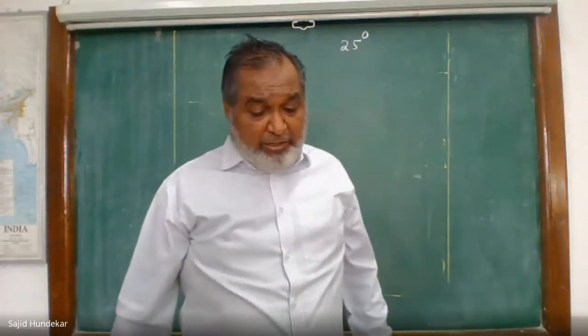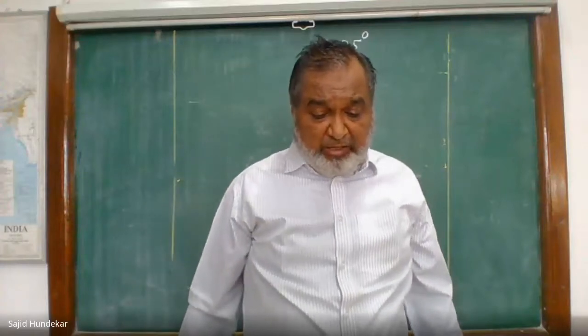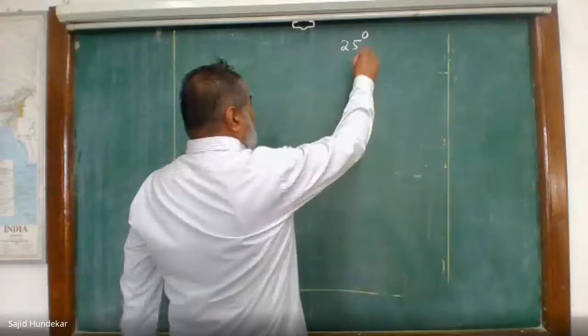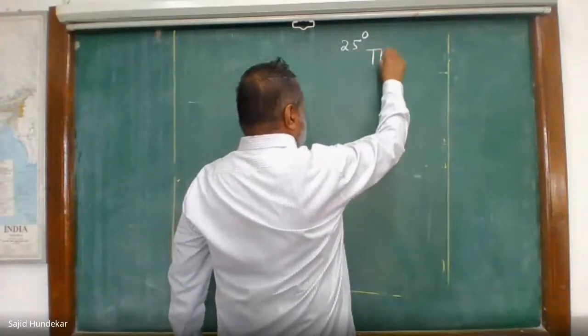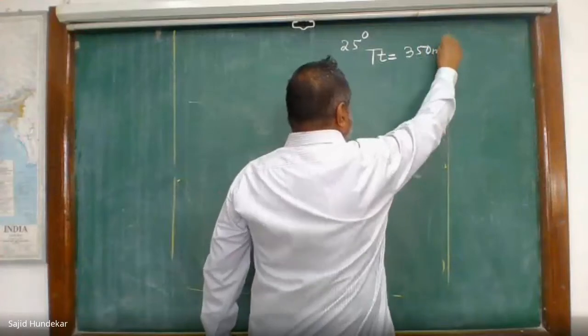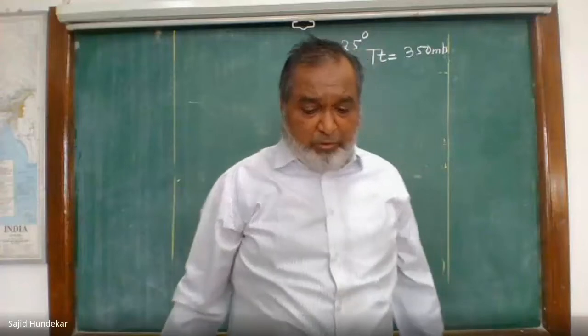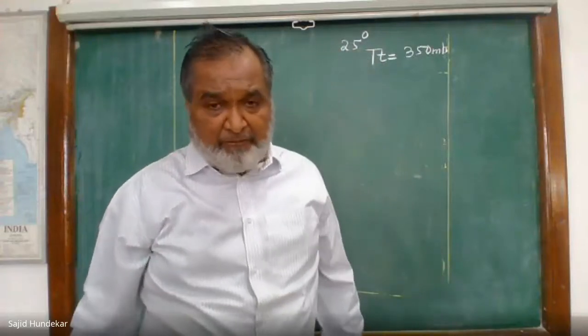The true thickness of the coal seam is 350 meters.